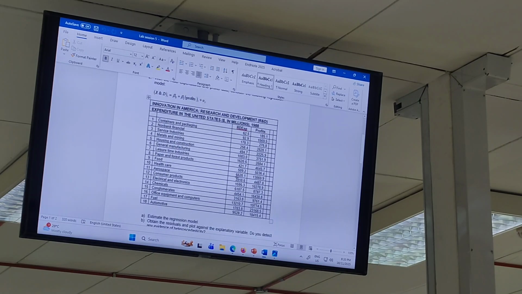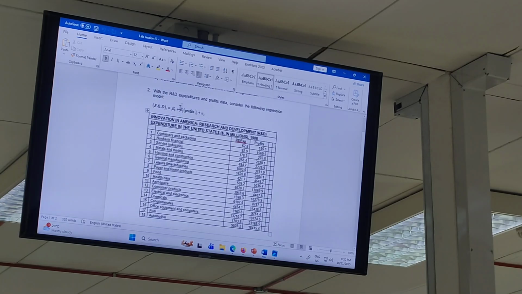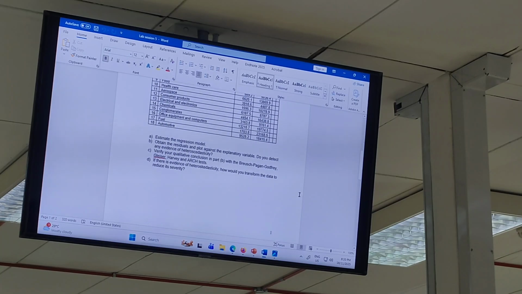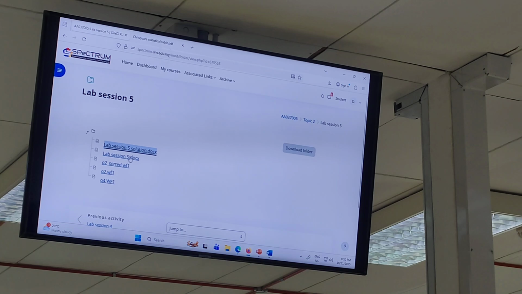So number 2. Now we have R&D expenditure, but we have profit as another independent variable. Estimate the regression model, obtain the residuals, and plot. Plot against any variable. So if you estimate the model, this is Q2 actually.